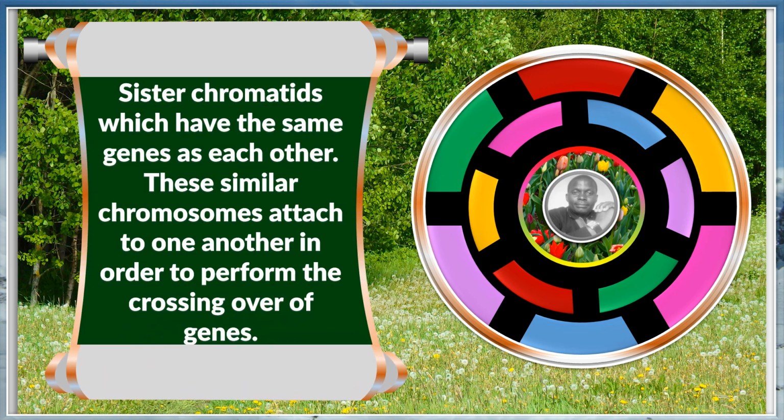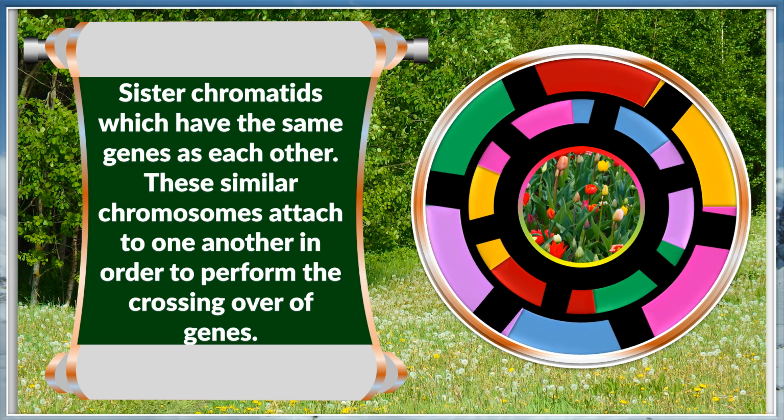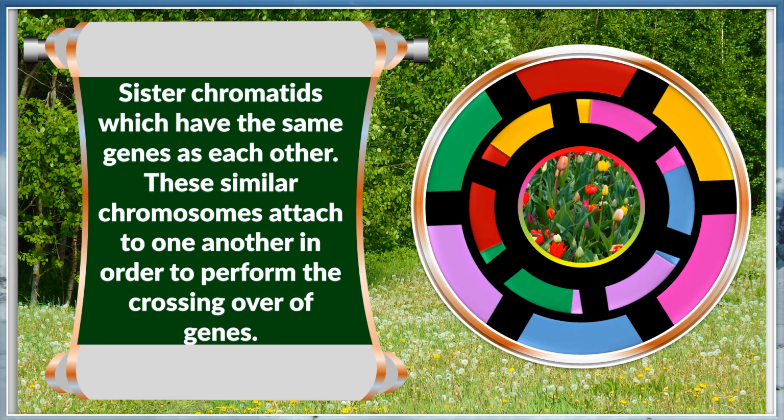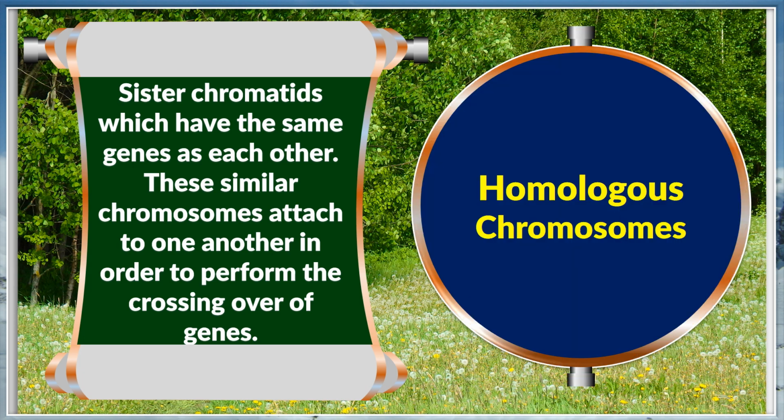Sister chromatids which have the same genes as each other. These similar chromosomes attach to one another in order to perform the crossing over of genes. Homologous chromosomes.